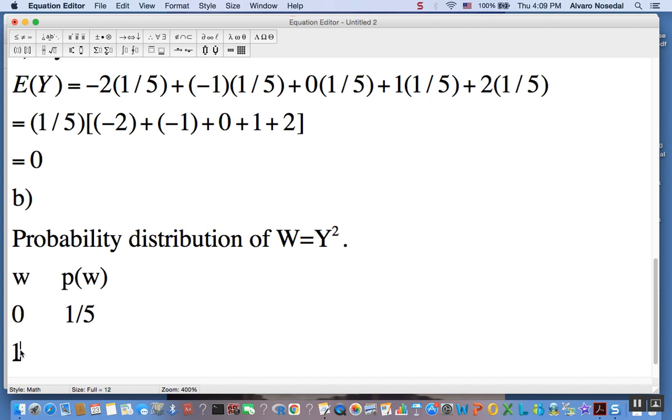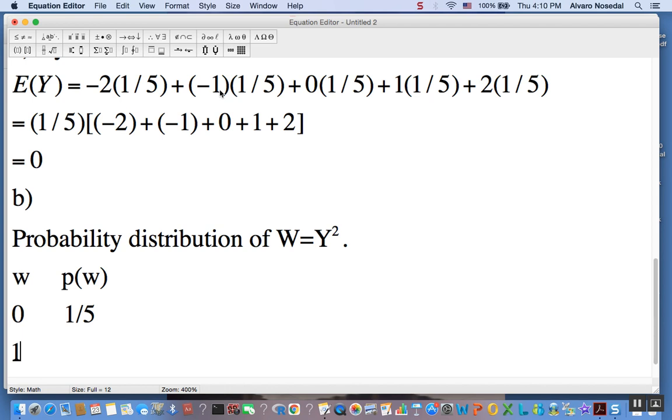Next, the probability that W equals 1. Well, that happens if Y happens to be -1, or if Y equals 1. Because if Y equals -1, when you square it, you end up with a 1, and W equals 1. And also, if Y happens to be 1, when you square it, you end up with a 1. So we have the probability of a union of mutually exclusive events.